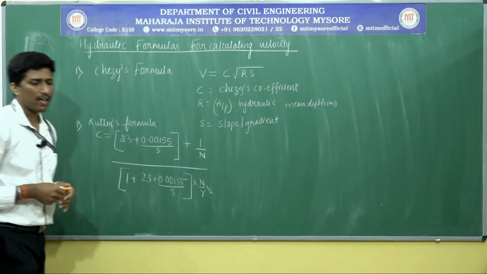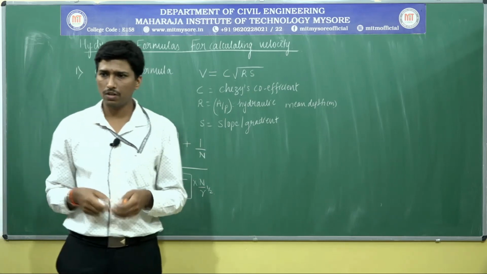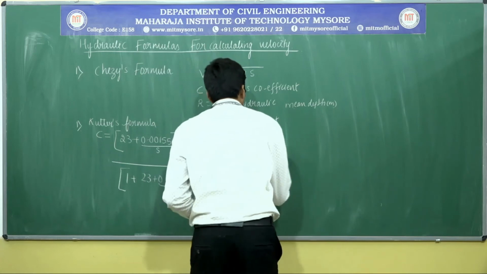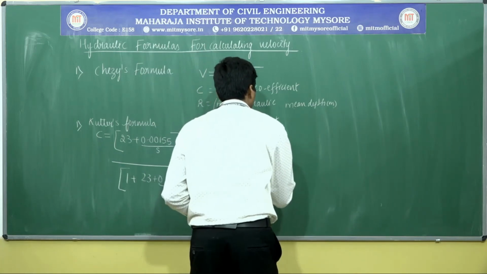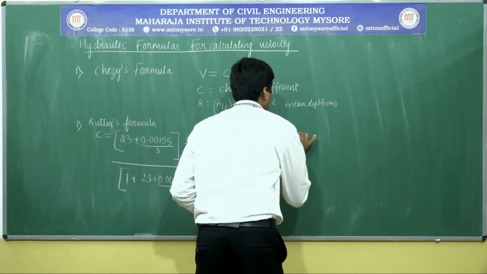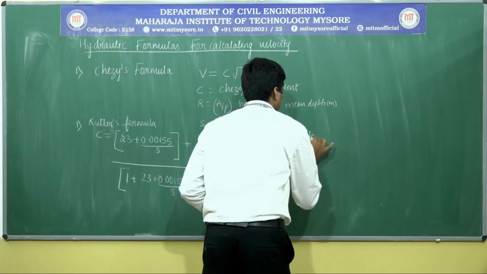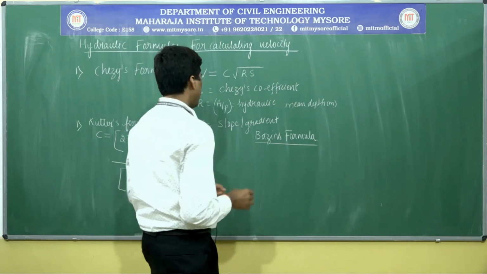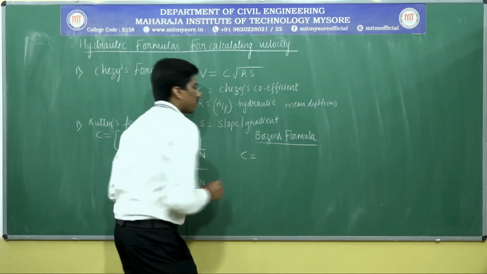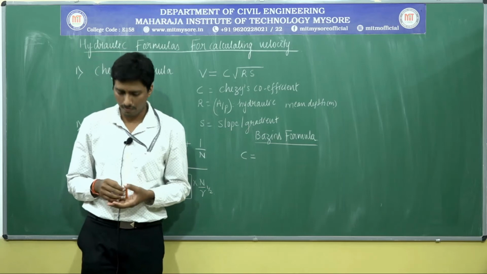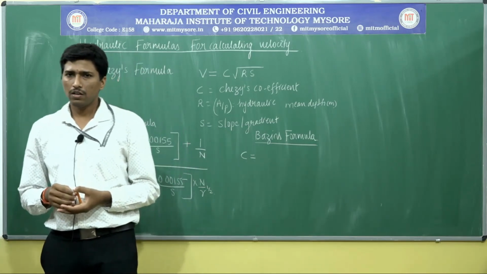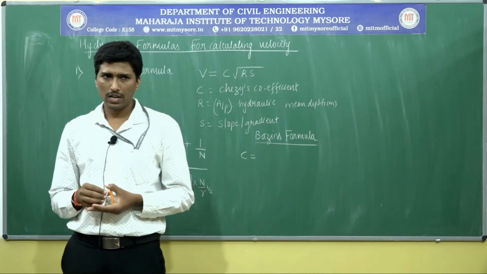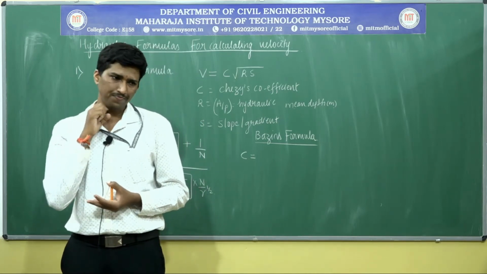Another formula is Hazen's formula. The Hazen formula is also given for the determination of the Chezy coefficient. This formula is normally used in the UK also.